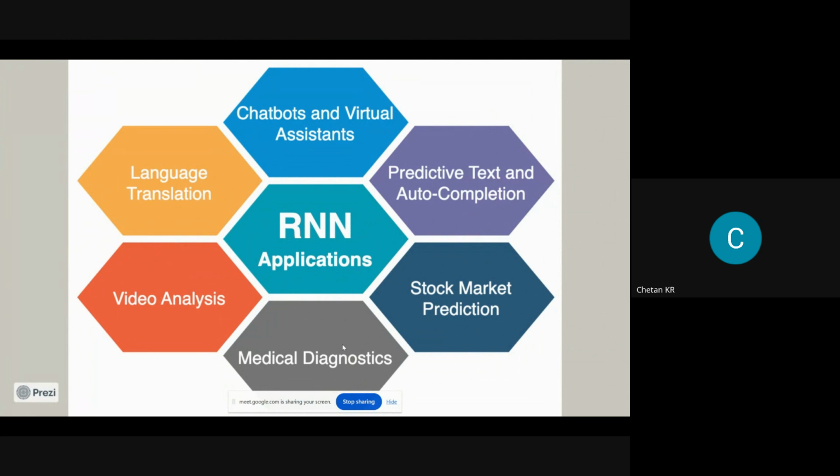You want to do intelligent traffic prediction: what is the traffic right now and what will the traffic be after 2 hours? There again, RNN is required. Or if you're doing some AI work for call tracking, or designing for 5G, 6G, there again time series analysis is required. And wherever time series analysis is required, invariably we have to use recurrent neural networks.